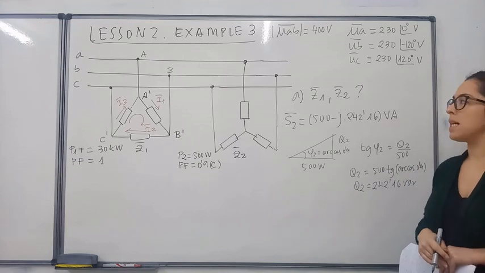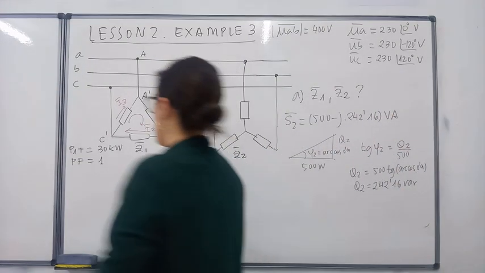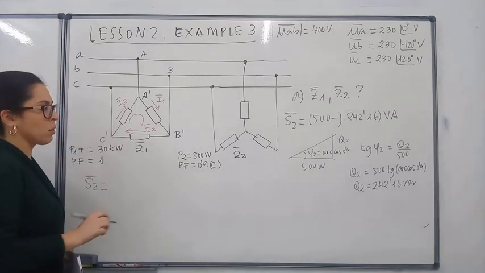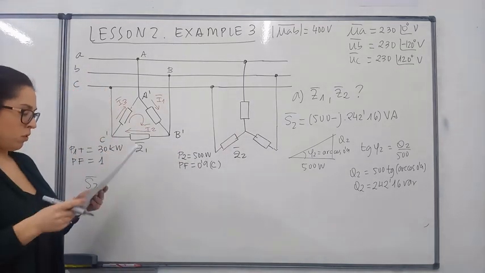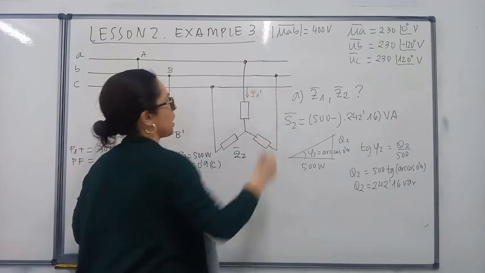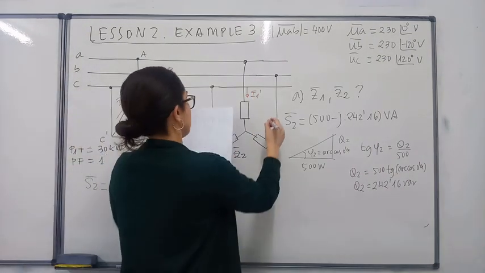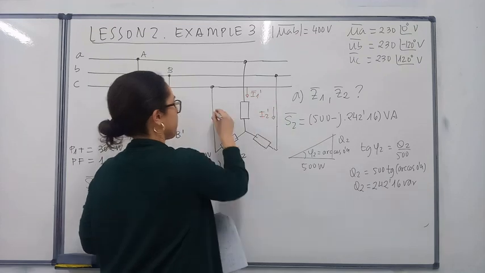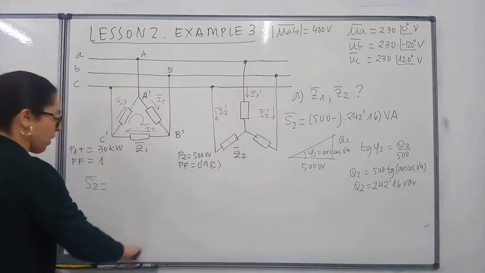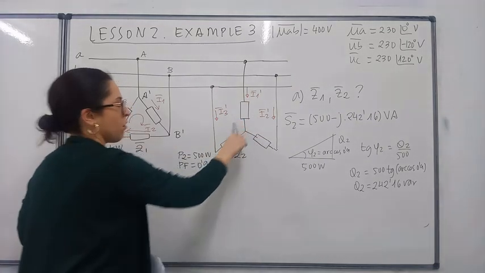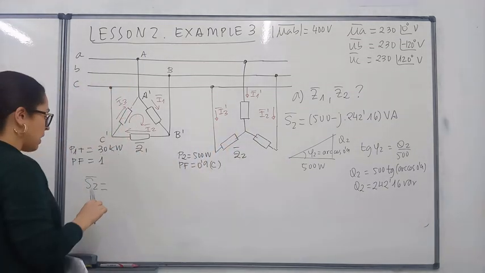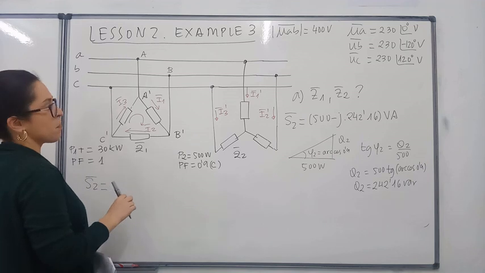What is the next step now? Well, we can apply the formula for the complex power to one of these loads. In particular, let's call this current I1 prime, this current here I2 prime, and this current here I3 prime. So if we apply the formula of the complex power to, for example, this load, we will have that S2 is the product of the voltage.